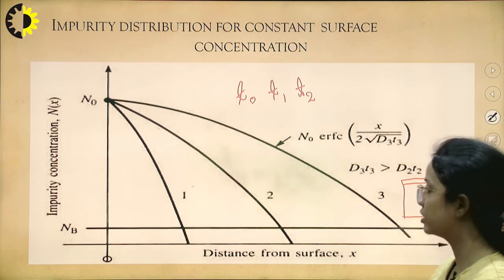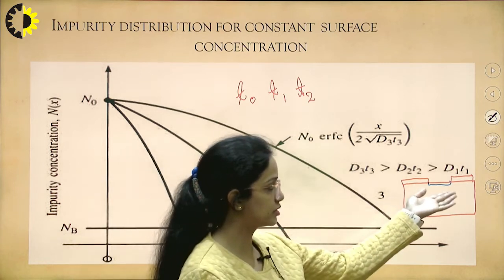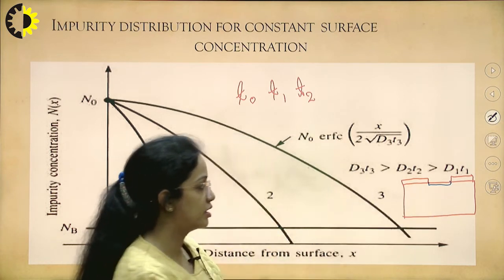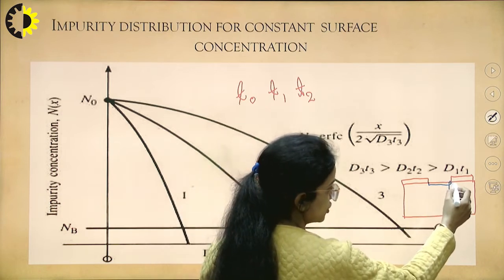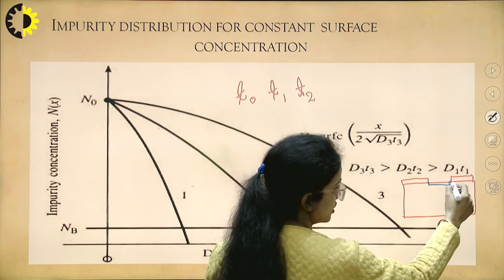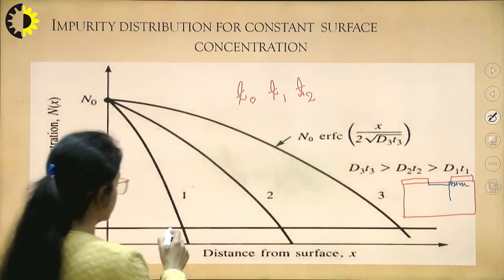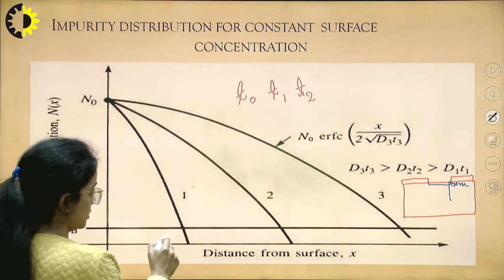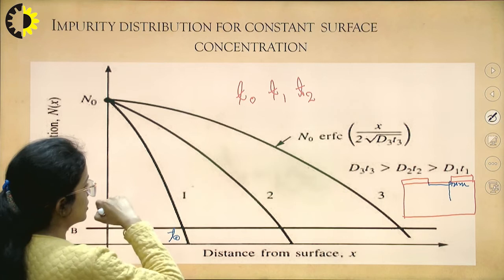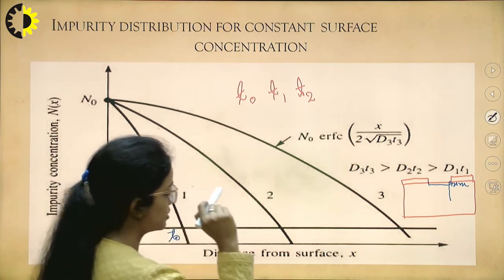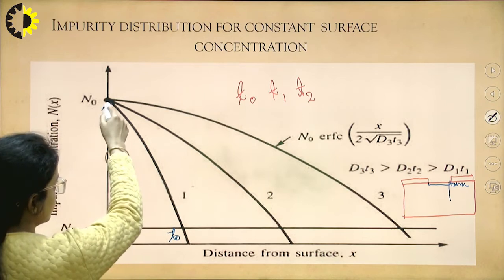At T0, let's say this is the required depth, and the junction depth is only 1 nm. So this is like we have just started. This is T0, just started, and the concentration here is the highest.